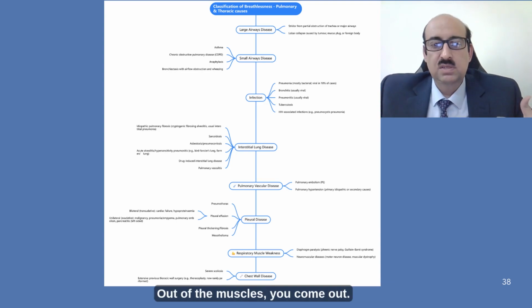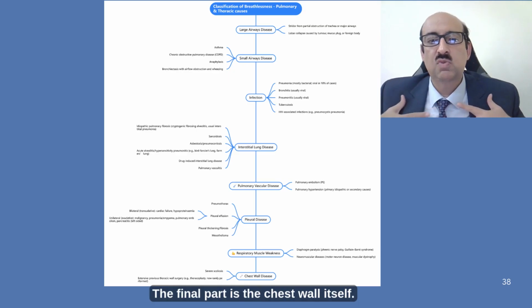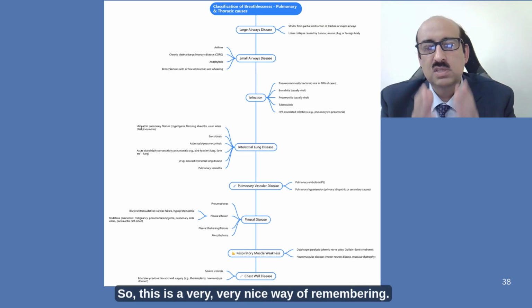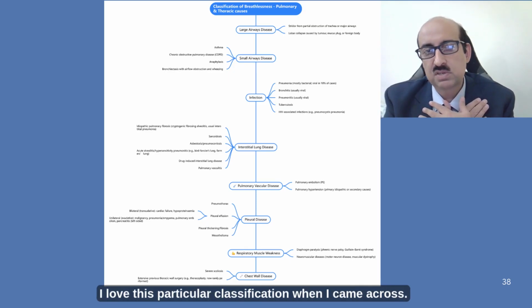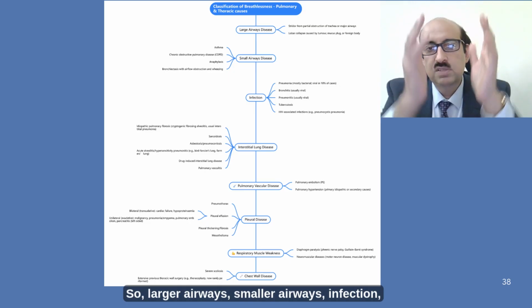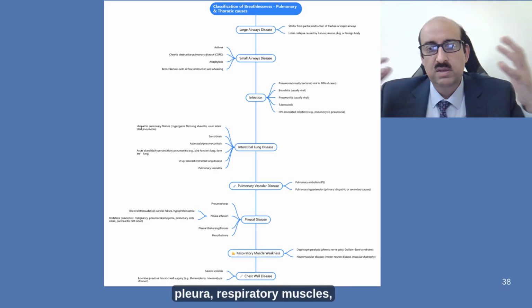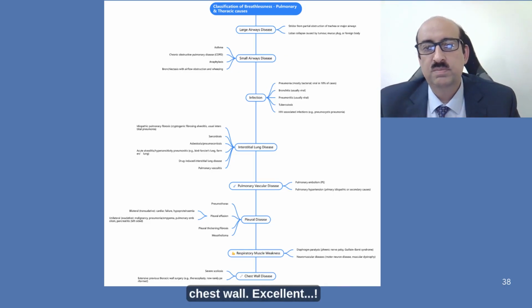Out of the muscles, you come out, the final part is the chest wall itself. Anything affecting the chest wall will lead to acute dyspnea. So this is a very, very nice way of remembering. I loved this particular classification when I came across it. So larger airways, smaller airways, infection, interstitium, pulmonary vessels, pleura, respiratory muscles, chest wall.